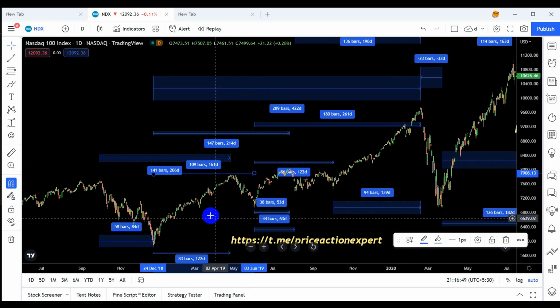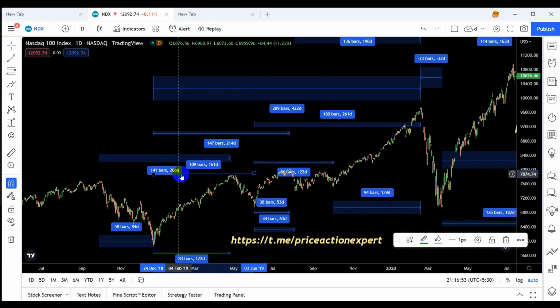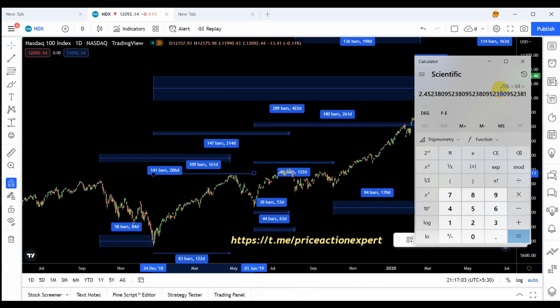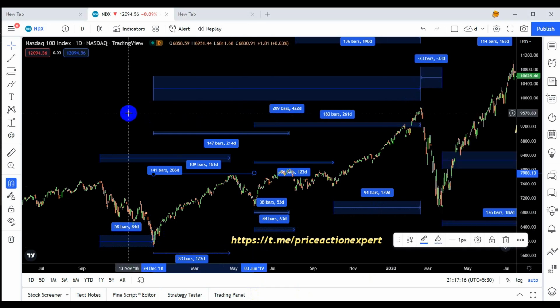Next, which I am going to show, is really cool, because you can see that it is 206 days from this low to this low. From here to here it's 84 days. So 206 divided by 84 is equal to 2.4523, and we're going to multiply that again by 206. So that's 505 or 506 days.